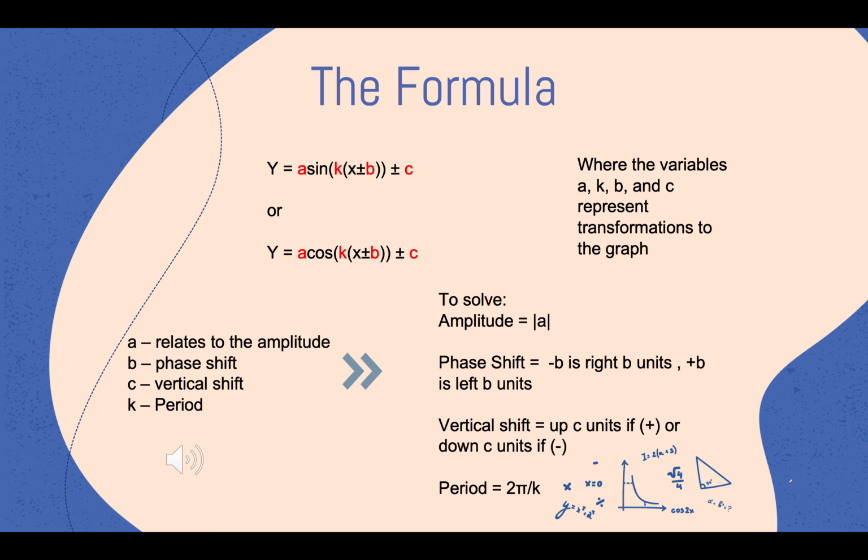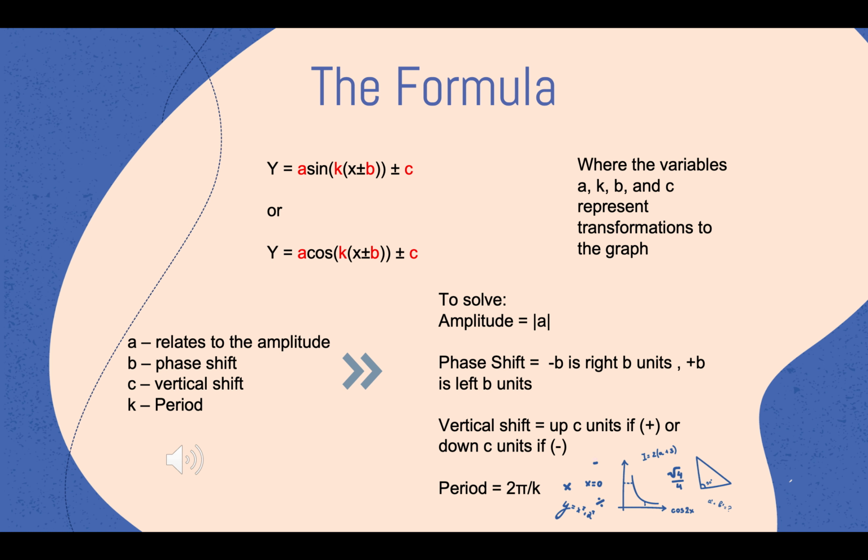So like all points of reference in math, there is a formula or a typical equation to look out for when it comes to the graphs of sine and cosine, and it is typically going to be y equals a sine of k times x plus or minus b plus or minus c, and that can be in a sine or a cosine graph. And this is where the variables a, k, b, and c represent transformations to the graph. So any change from the original base form of a sine or cosine graph will be known as a transformation.